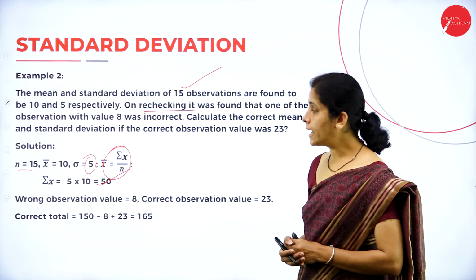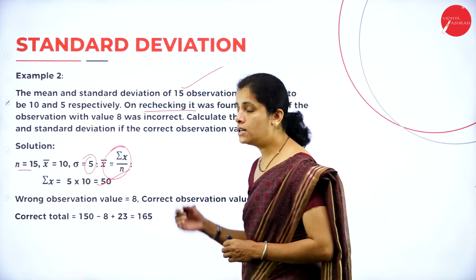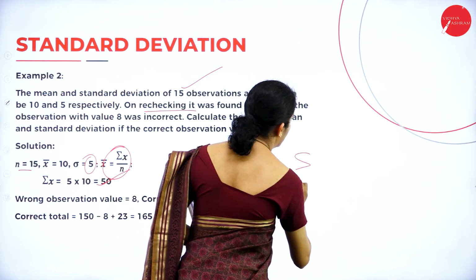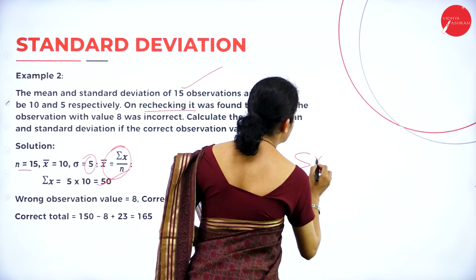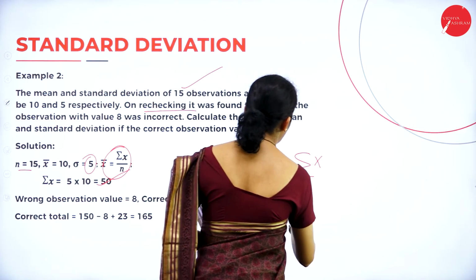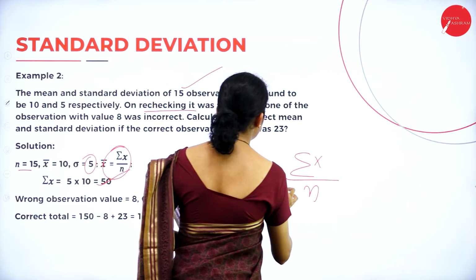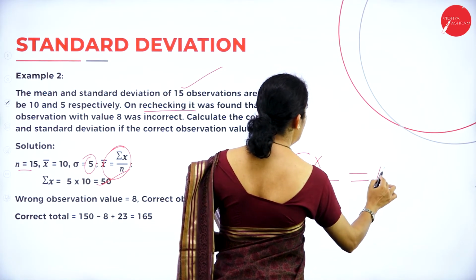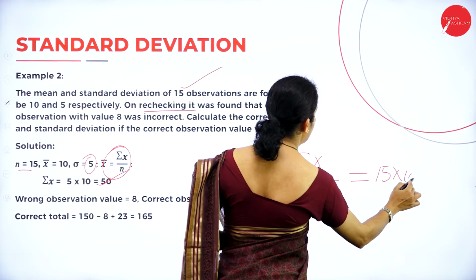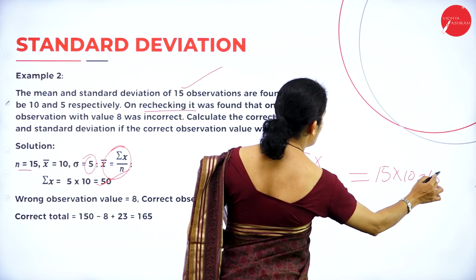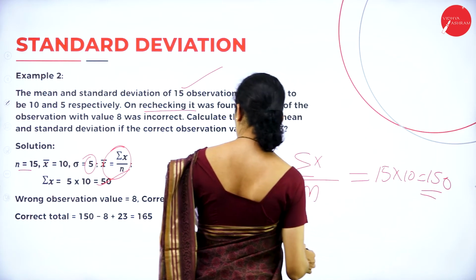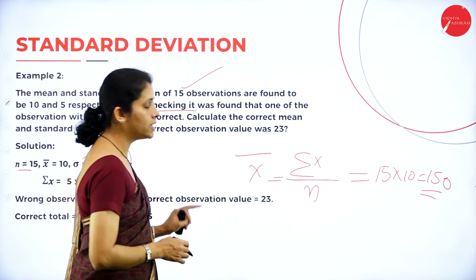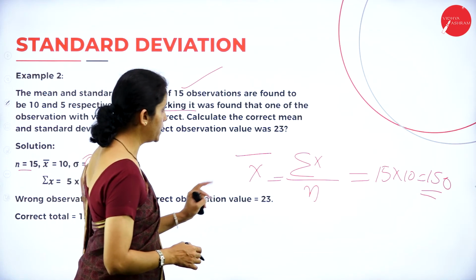Now, to correct the total, I'm going to calculate sigma x. Sigma x by n is nothing but the mean. When I multiply 15 into 10, I'm going to get the answer 150. And the wrong observation value is 8 and the correct observation value is 23.